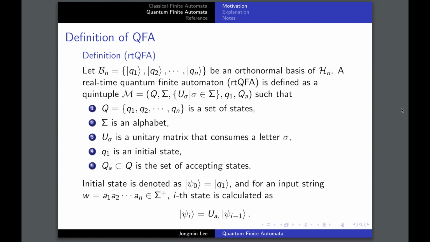So the state evolution operates similarly to the DFA, but with unitary operators.